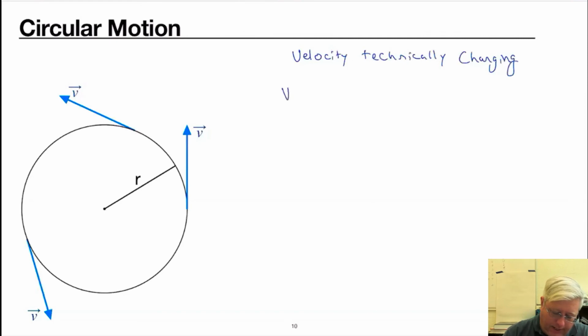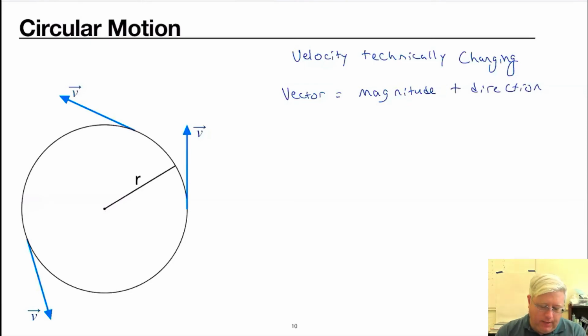And we know that a vector needs magnitude and direction. Well, we've been looking at its magnitude, and we know that its magnitude is constant. And so the only way that this could still be a vector quantity is if the direction is changing, which it is.